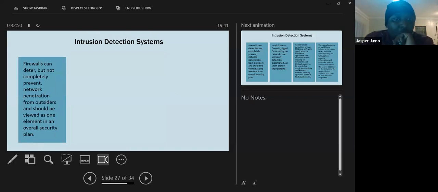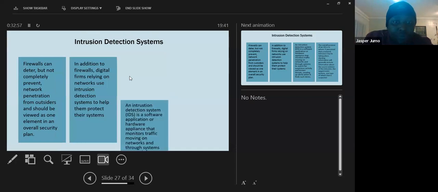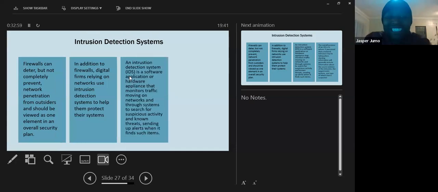An intrusion detection system is a system that monitors your traffic on networks and through systems to search for suspicious activity and known threats. Let me give a very practical example.